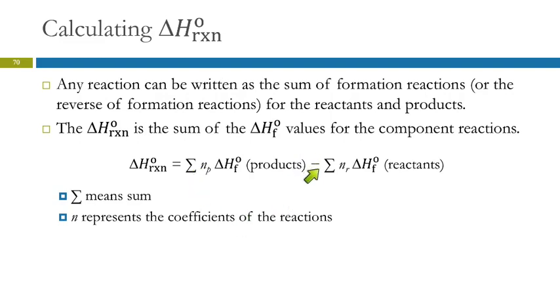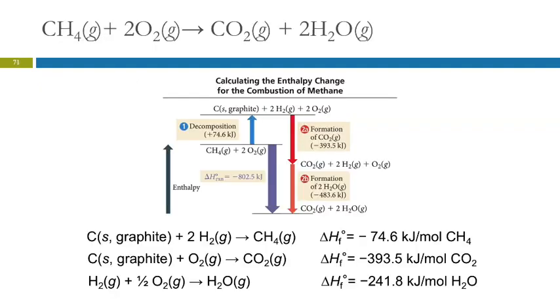Then we're going to subtract the heats of formation from the reactants because we're saying, well, that was the amount of energy needed to make that. What about the energy change when we take it apart? And so it's negative, and that also needs to be multiplied by the coefficient of the reaction.